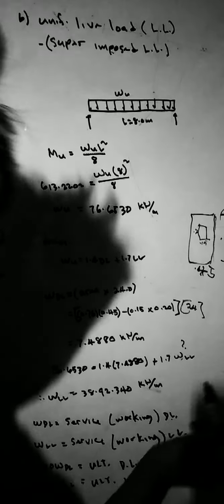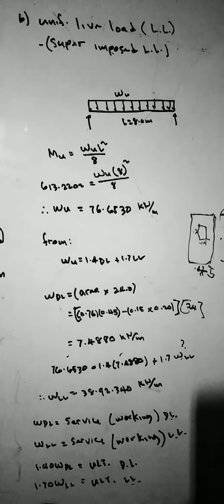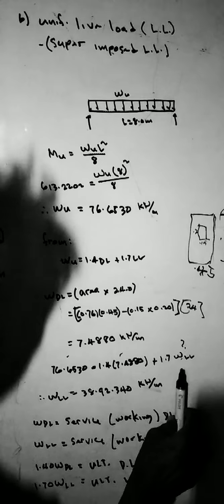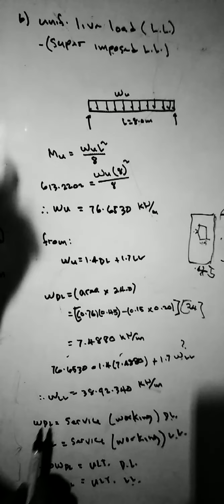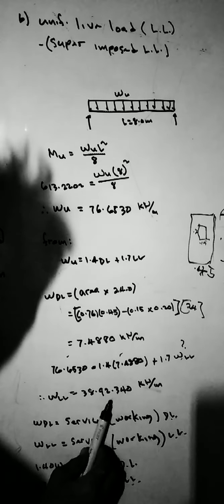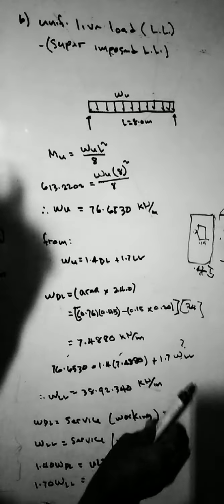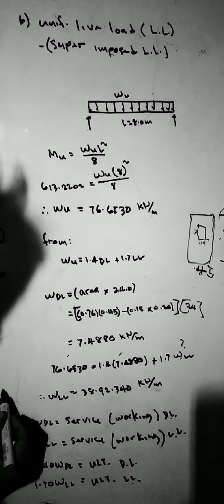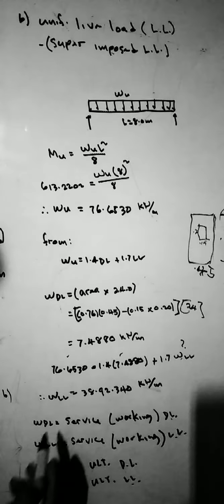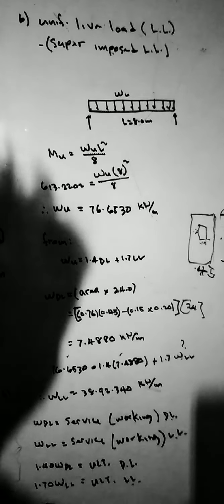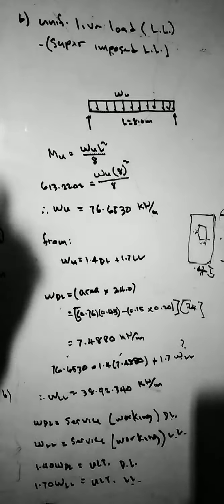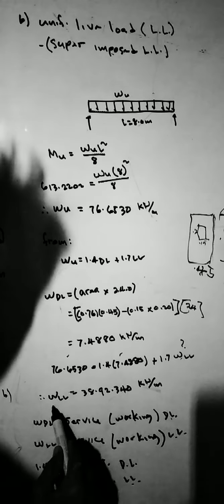So, computing the value of the uniform live load will give us 38.92340 kilonewton meter. That is the letter B required. This is now the additional live load to be carried by the section in addition to its own weight. So this is the answer of letter B.